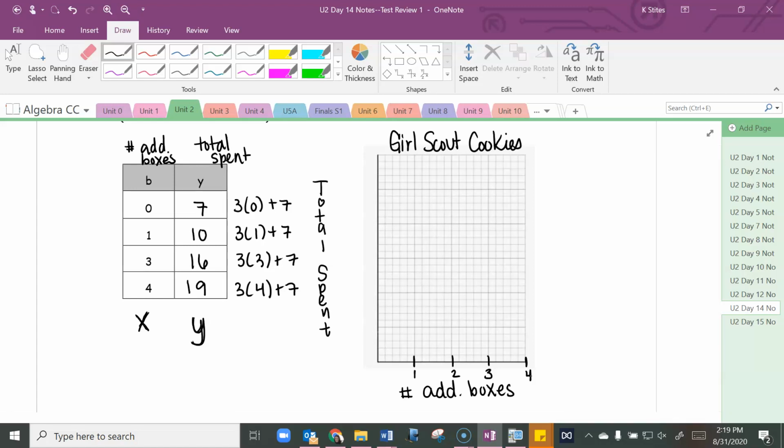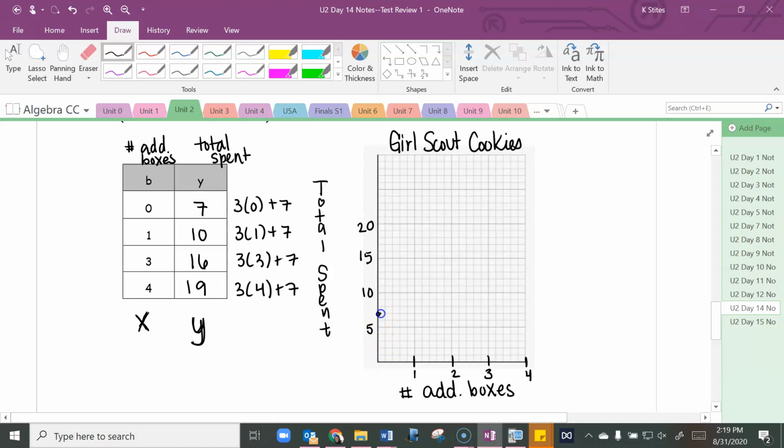And then for this one right here, I'm not going to use a break because 7 is so low. And it might not show up on your paper very well, but you can see on mine here, 1, 2, 3, 4. I'm just going to make this 5, 10, 15, 20, and that way I can actually plot the points perfectly.